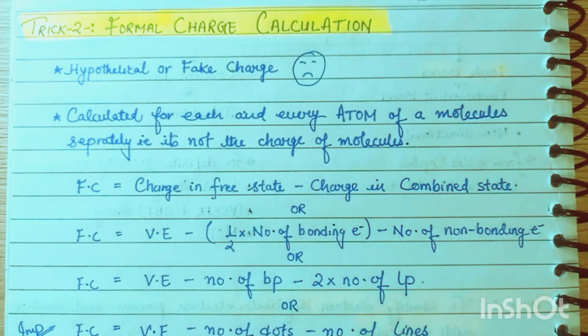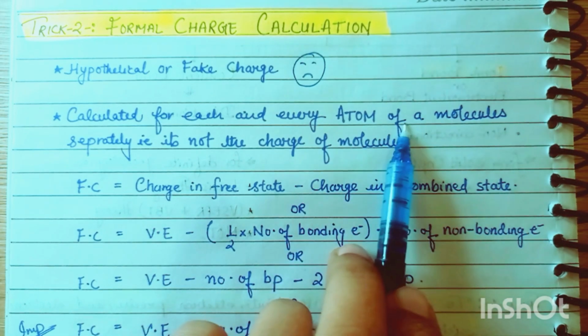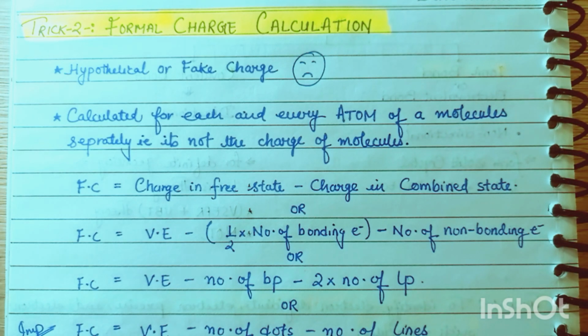One of the most important things, my dear students, you must listen to very carefully: formal charge is not the charge of the molecule. It is calculated for each and every atom of a molecule separately. If there are 5 atoms in a molecule, then we will calculate the formal charge of each of those 5 atoms separately.